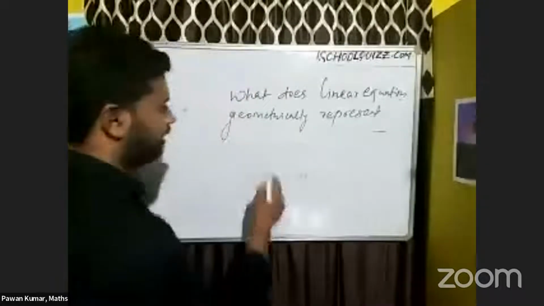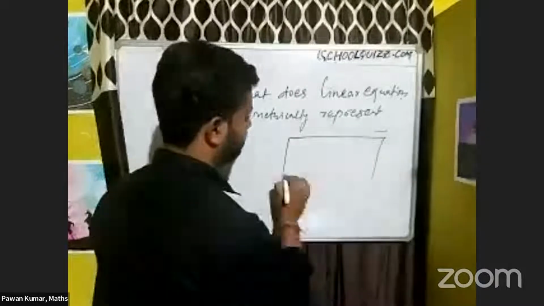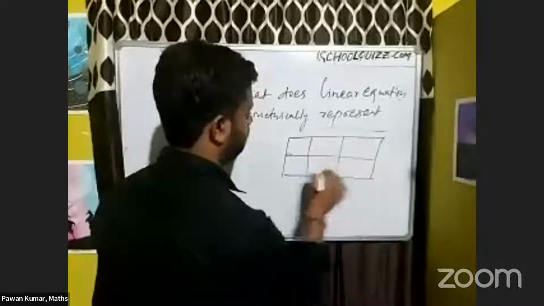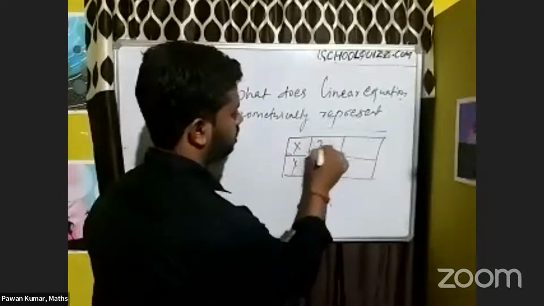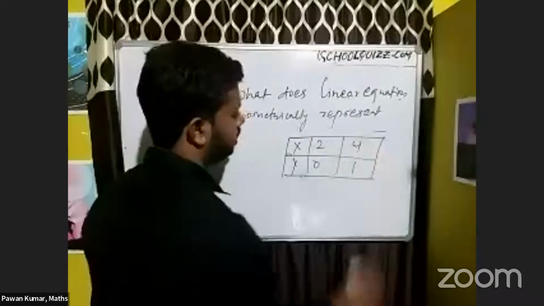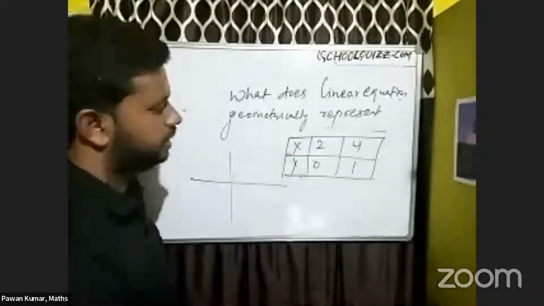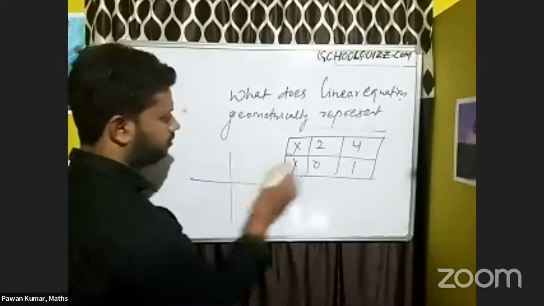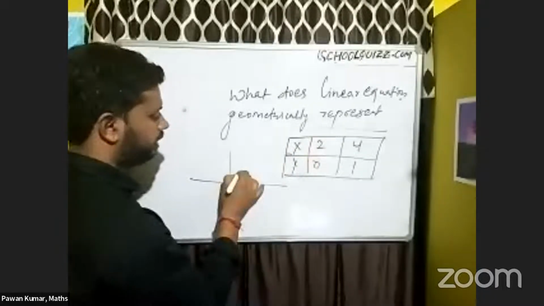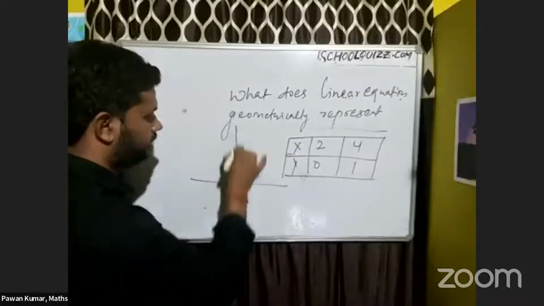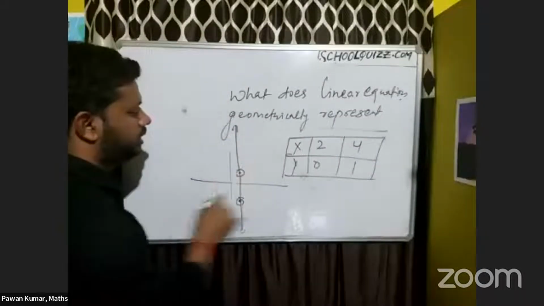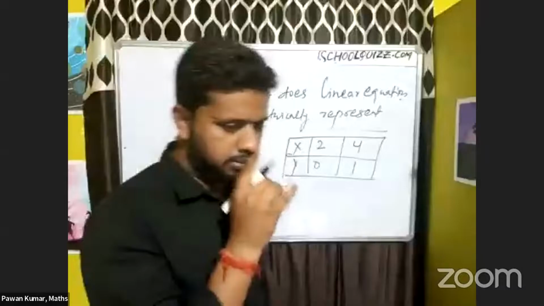The table I made just now for a question, suppose x equals 0, I am getting 2, x equals 1, I am getting 4. If I plot this on the graph, we know that one coordinate will give one point, another coordinate will give another point. It will represent coordinate geometry. Not just coordinate geometry, this is coordinate geometry, but it will represent the line.